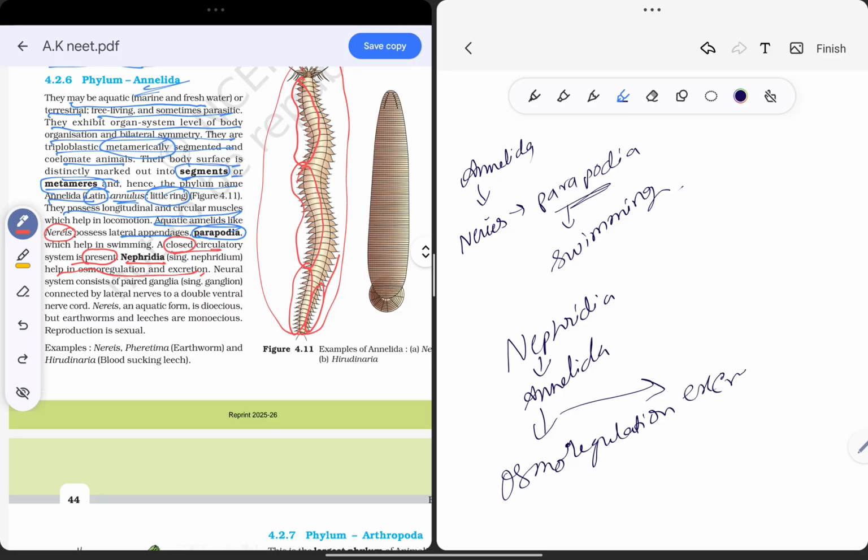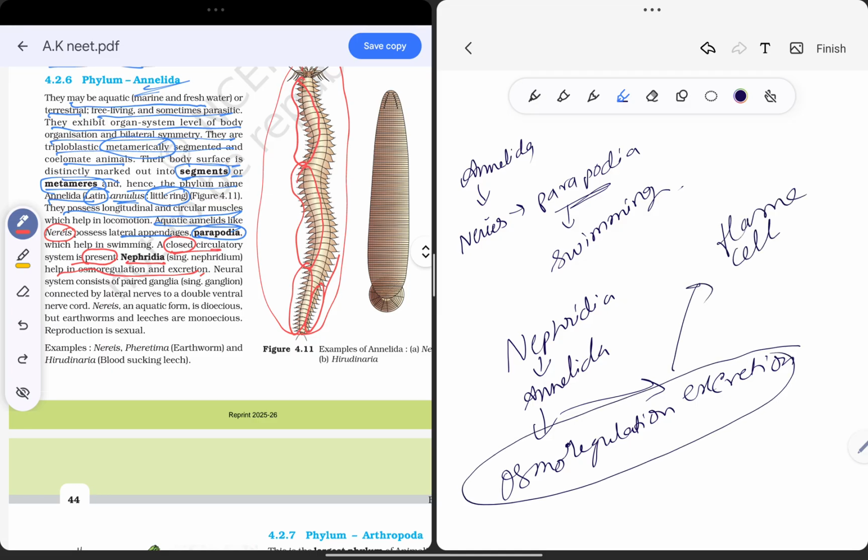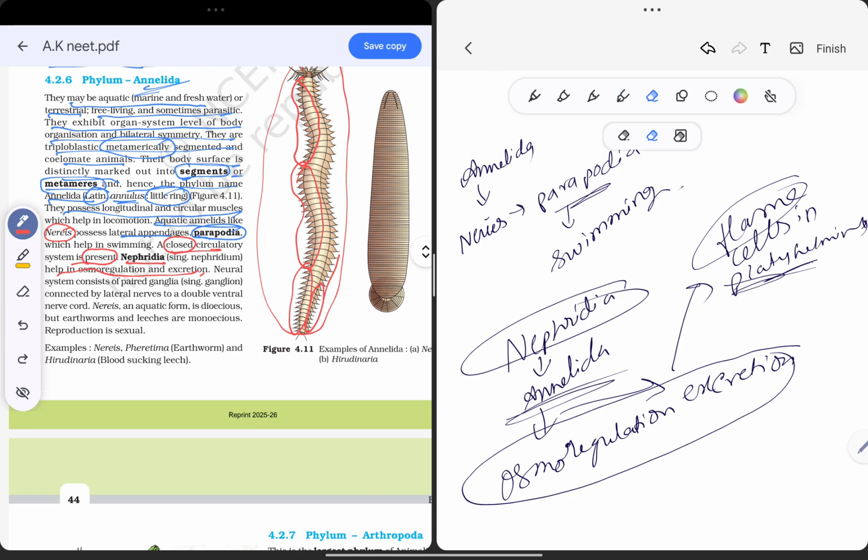Excretion. This same function is done by the flame cells I told you before in Platyhelminthes. But nephridia in the case of Annelida, flame cells in the case of Platyhelminthes. Remember this point.